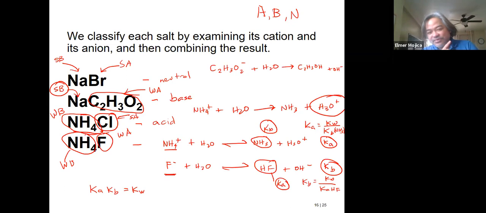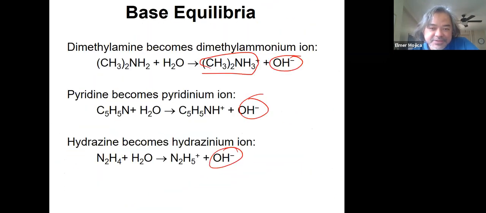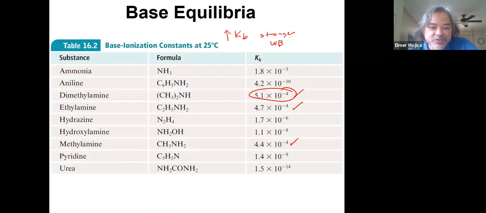Now that way, I can get the information, okay? Because we have the table earlier. So to get the Ka here, this is equal to 1 times 10 to the negative 14. And if you look at the table, this is ammonia, so we have that information here. Ammonia is 1.8 times 10 to the negative 5.